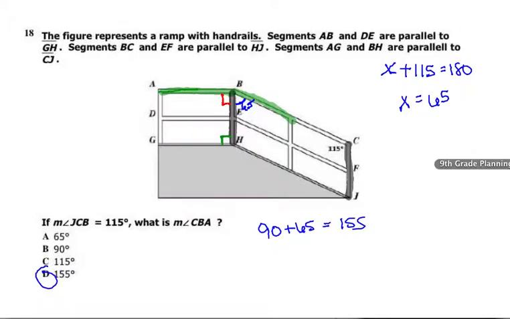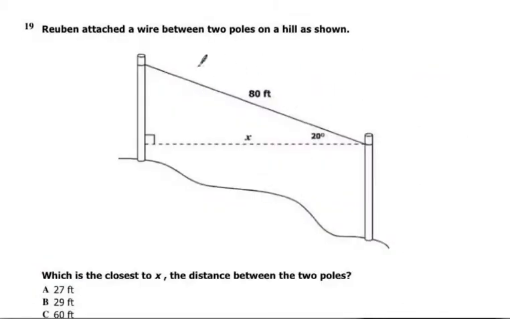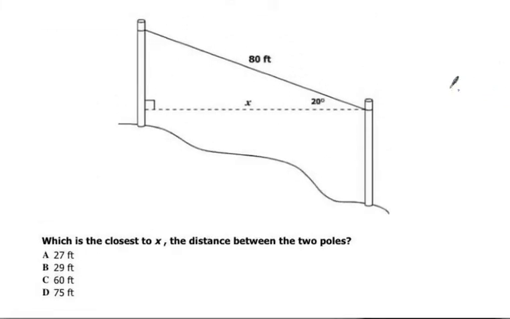All right. Number 19. Reuben attaches a wire between two poles on a hill as shown. Which is the closest to x, the distance between the two poles? Well, we're going to use trigonometry.